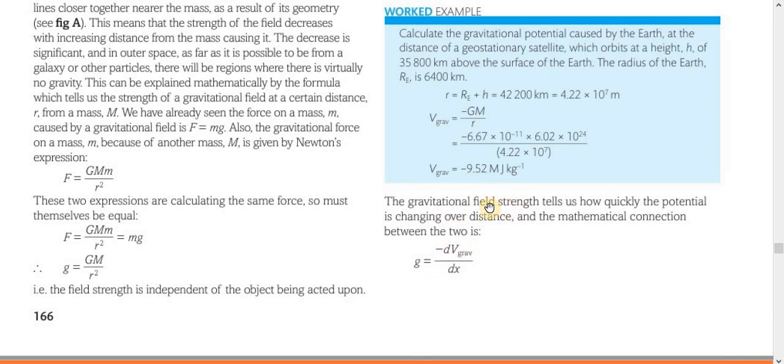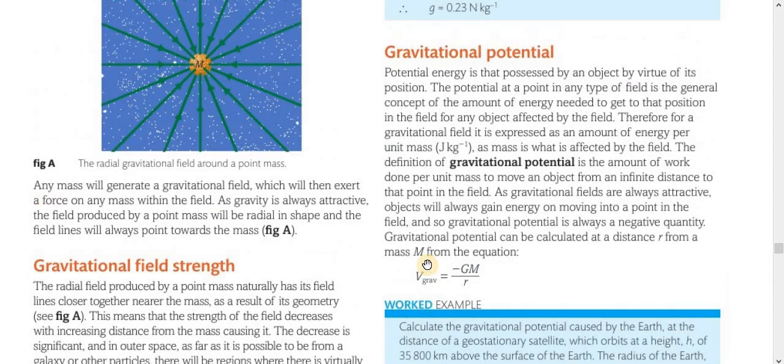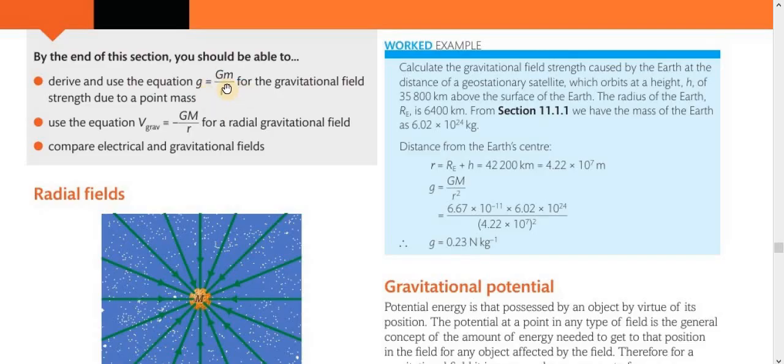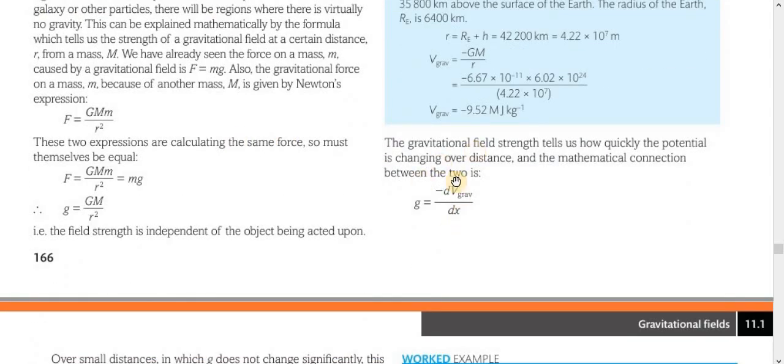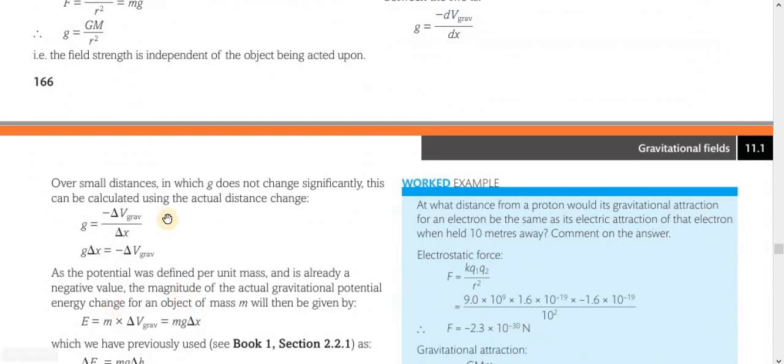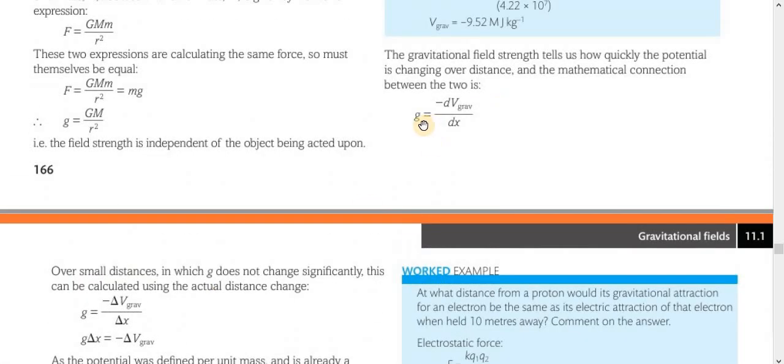This is gravitational potential here, this is gravitational field strength. So it is the change in this divided by this. D is for change.